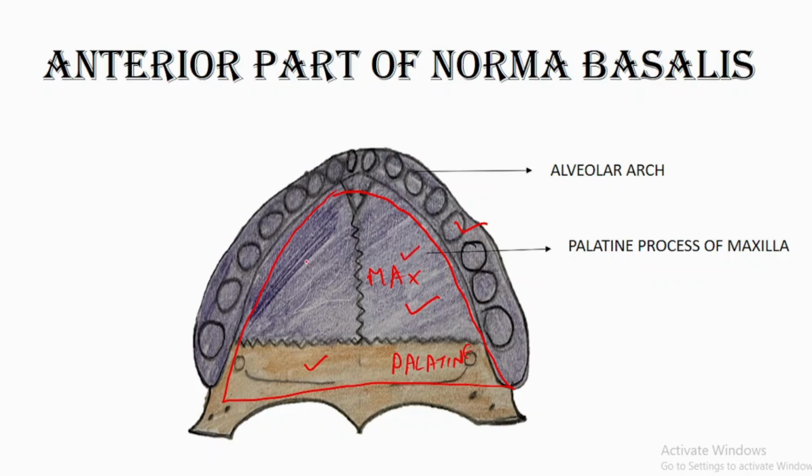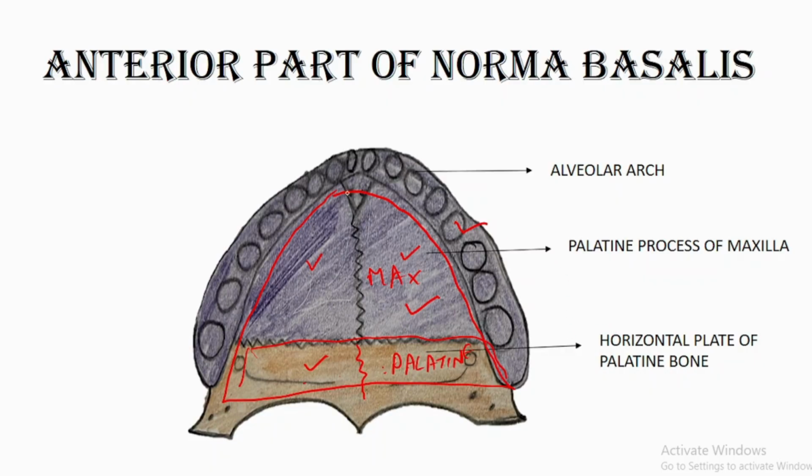Both of these form the anterior two-third of the hard palate. The posterior one-third of the hard palate is formed by palatine bone, and these two plates of palatine bone which form the posterior part of the hard palate are called the horizontal plates of the palatine bone.